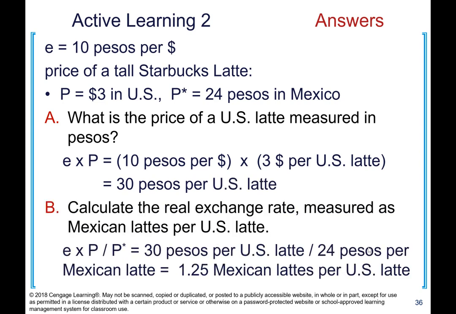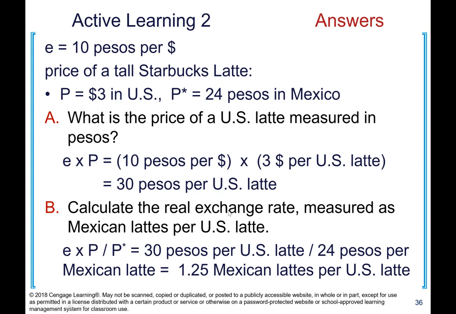e is 10 pesos per dollar, as you can see. 10 pesos times $3 is equal to 30 pesos per US latte. That's number A. What is the price of a US latte measured in pesos? You take 10 pesos multiplied by $3 and you get 30 pesos per US latte.